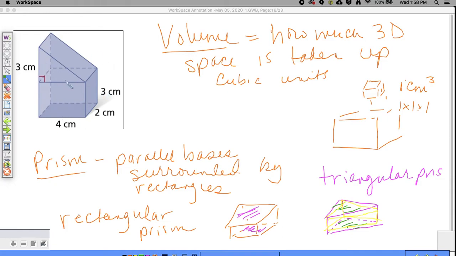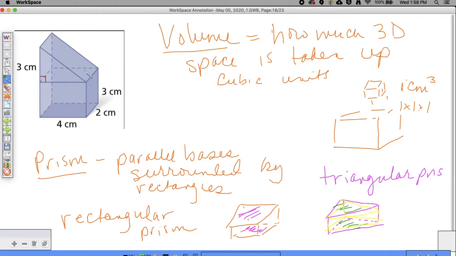And what's interesting is it looks like there are 2 different prisms here, aren't there? I hope you're all saying yes, there is, because the bottom half looks like a rectangular prism, and the top half certainly looks like a triangular prism. So I hope you're saying, let's find the volume of both, and yes, we are going to add them together. So we are going to literally do that.